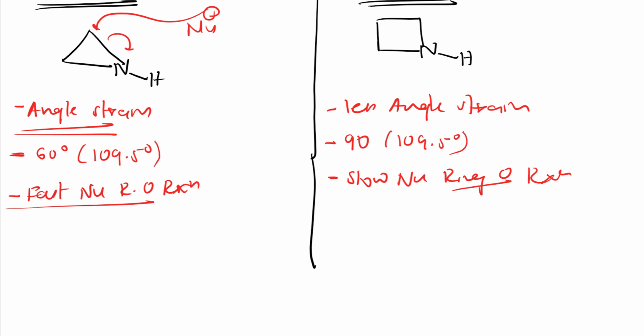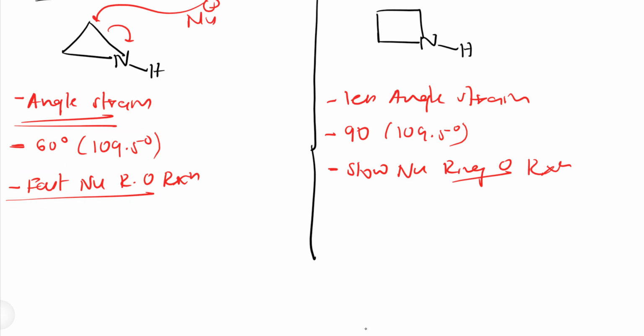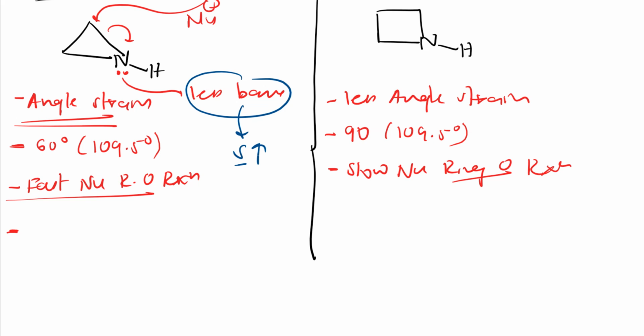Next, these are a few differences. Here we saw that these nitrogens having lone pairs are less basic. Why are these less basic? The reason is it has more s character, and more s character means less basic. Whereas here these nitrogens have a lone pair they can give easily, because s character will be less compared to the three-membered ring, so these are more basic.